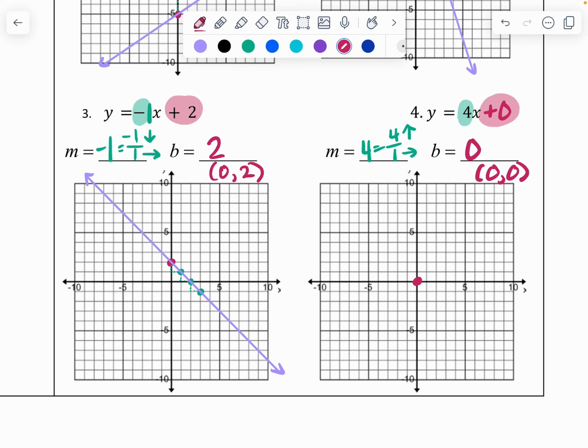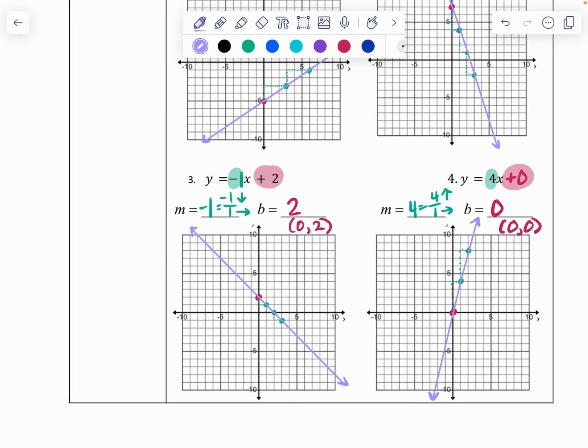Using my slope, I'm going up 4, 1 to the right. Up 4, 1 to the right. Plot 3 or 4 points, and then draw your line. That's what we'll be doing in today's practice.